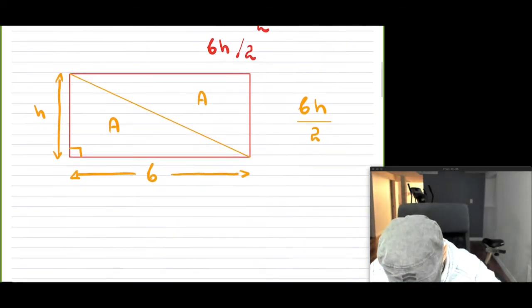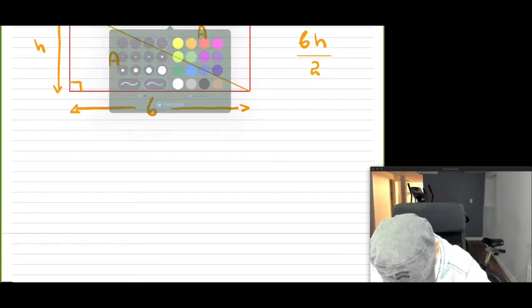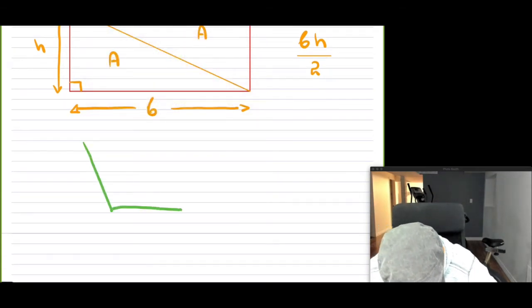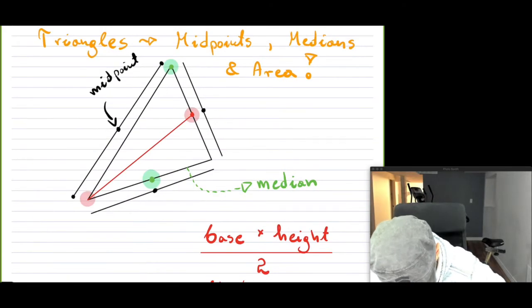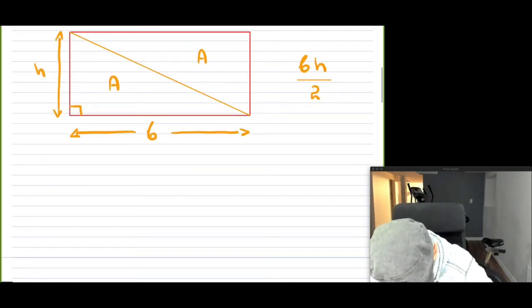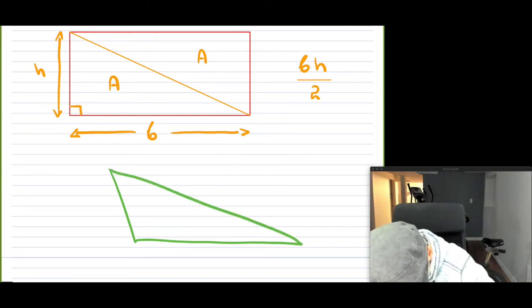So what would have happened if instead we had, let's say, something like this. Let me redraw it here. I'm going to draw it, let's say, something like that.